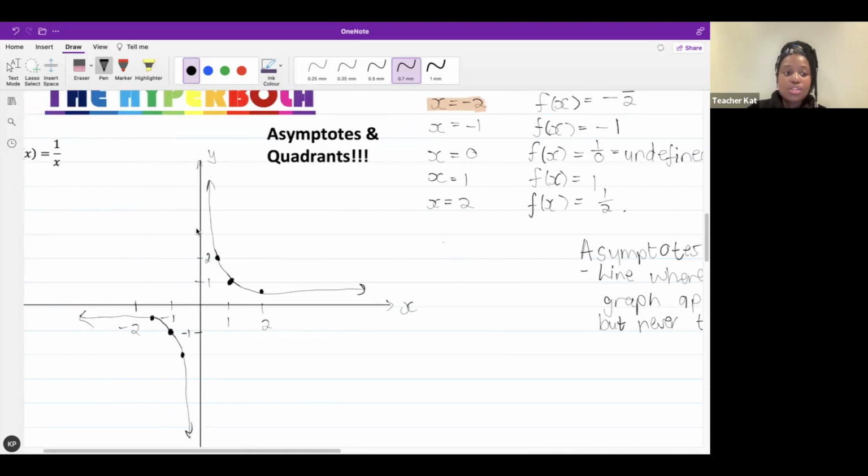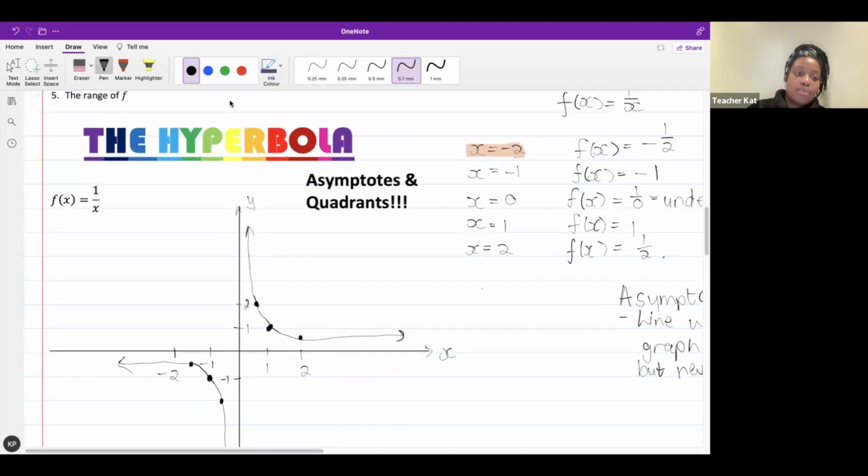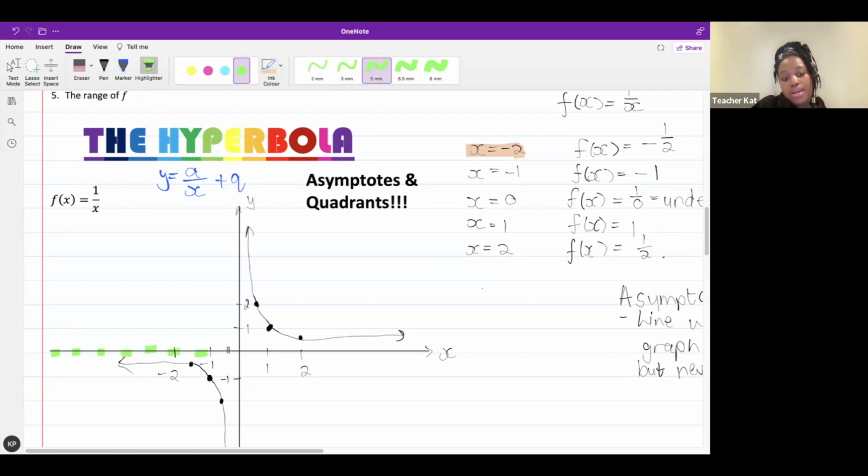If you look at this graph, f(x) is equal to 1 over x, according to the general formula, was there a q in this graph? No q. So that's why your asymptote is y is equal to 0, my x-axis.